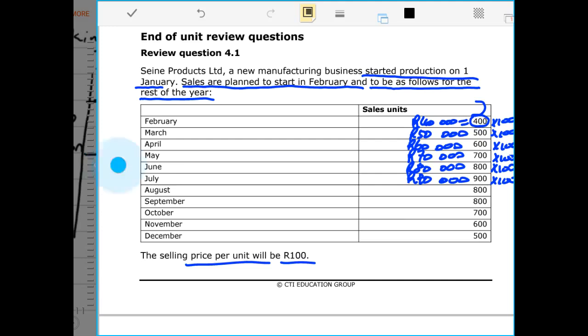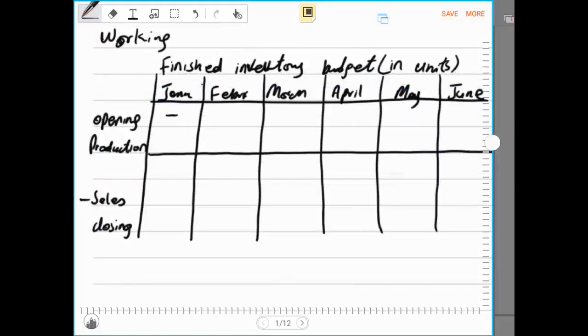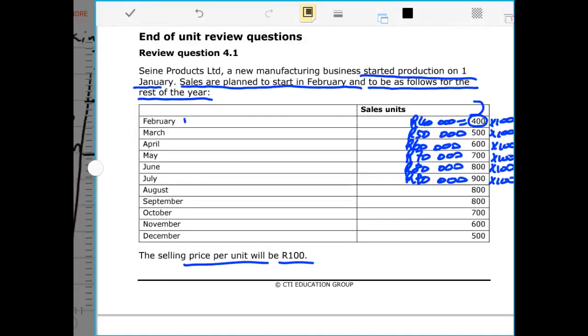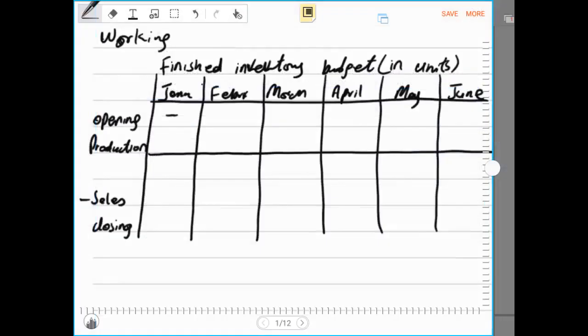So now let us first record the sales, then we also record the production. Our sales are starting in the month of February. There are no sales in January. We start in February. But there is production in January, which is the sales of February.